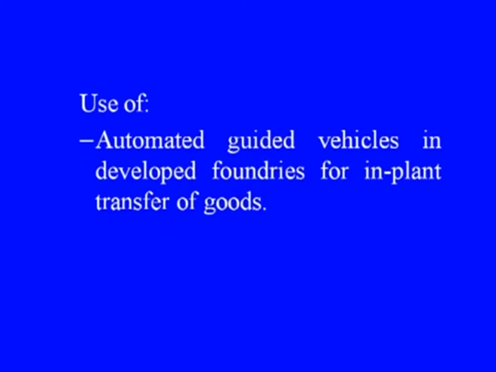Apart from the robots, many other innovations and material handling devices are used in foundries. Some of these can be listed as follows. For example, number 1, use of automated guided vehicles, also known as AGVs, in developed foundries for in-plant transfer of goods.